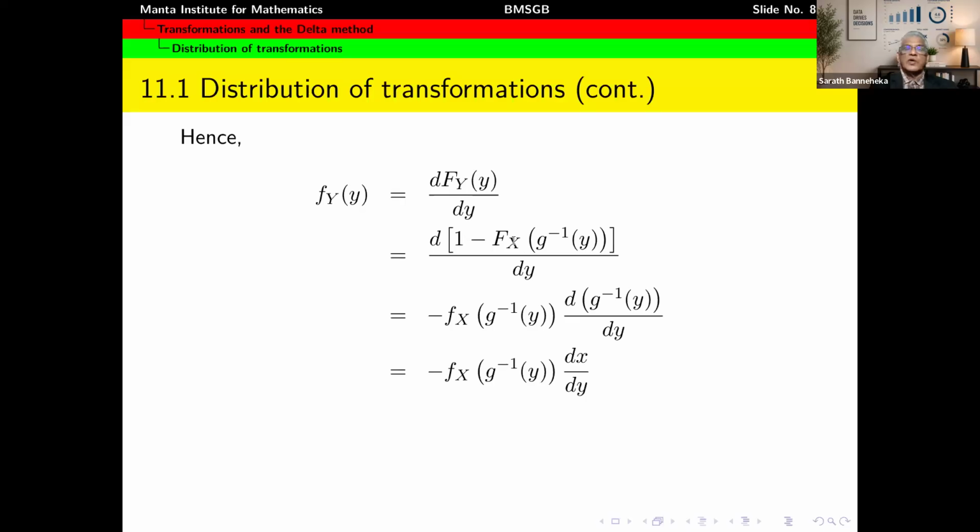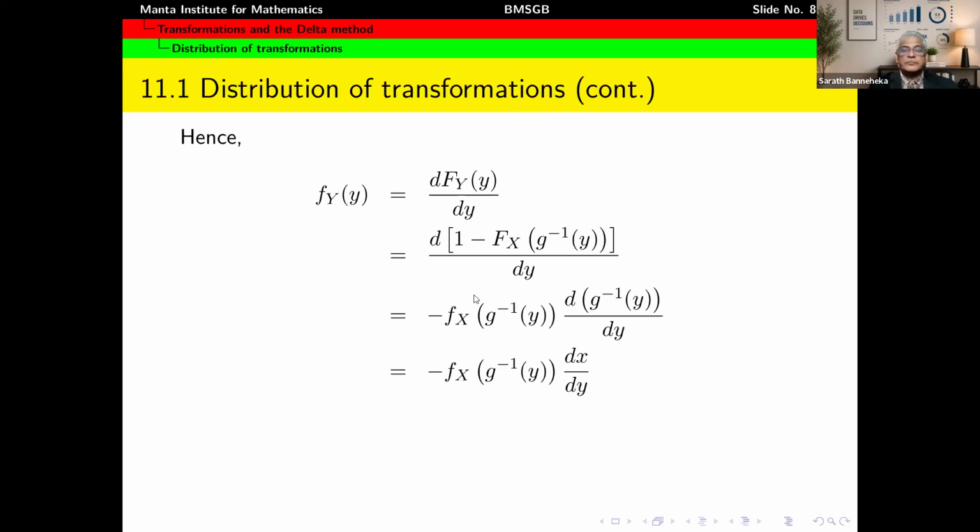Then after that, you get negative density function of x evaluated at this point times, then again, chain rule, you have to apply the chain rule. You have to take the derivative of this quantity with respect to y. So, of course, again, as in the previous situation, you can write down this as dx over dy. So, in that case, the density function of y evaluated at y is equal to this expression.